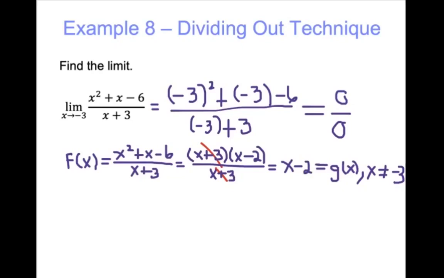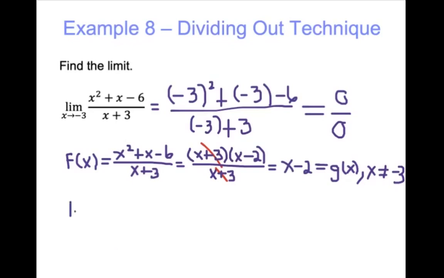Therefore, we can apply theorem 1.7 and we can say that the limit as x approaches negative 3 of f of x is equal to the limit as x approaches negative 3 of g of x is equal to g of negative 3. So let's go ahead and do that.